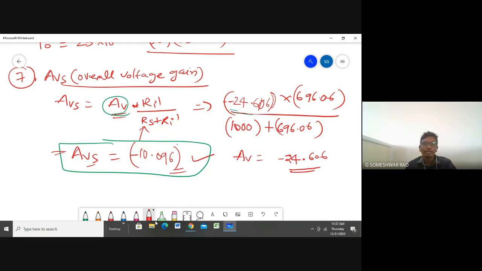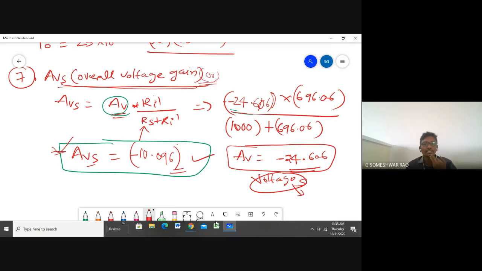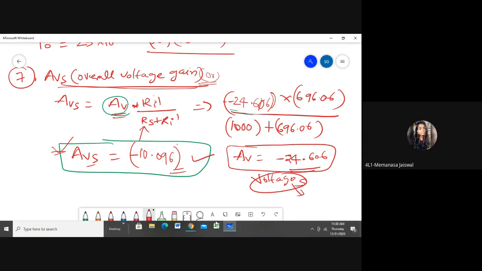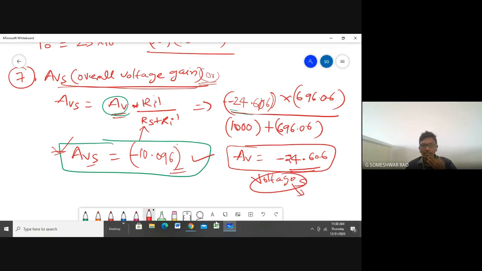But when you take the voltage source into consideration, AVS, the overall voltage gain, is it increased or decreased? Increased. By how much? About 14.